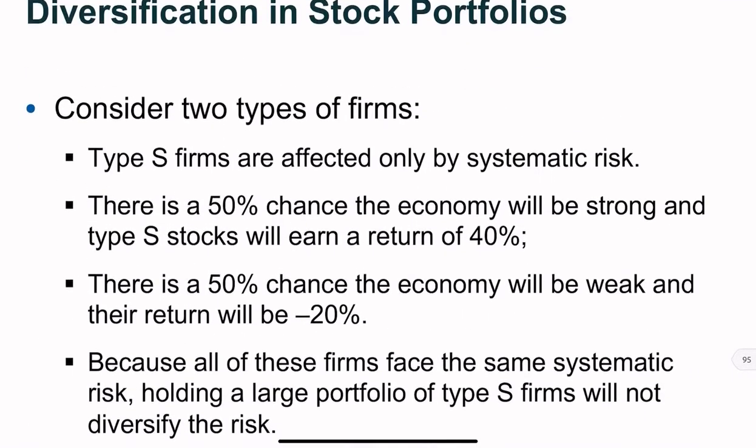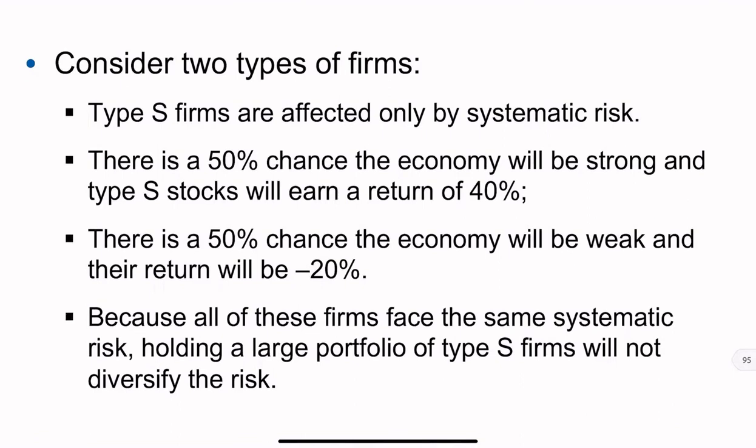Okay, let's see an example here. Let's assume there are only two kinds of firms in the world. Let's call the first firm type S firm. This type of firm will only be affected by systematic risk. Let's see what kind of systematic risk we're talking about. There is a 50% chance the economy will be good, and S firms will earn a return of 40%.